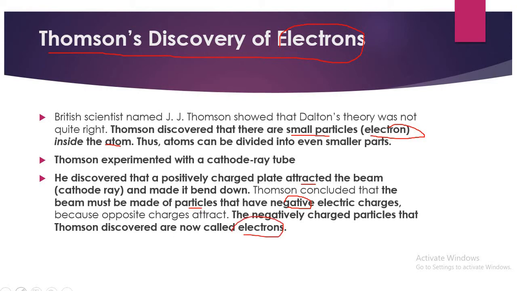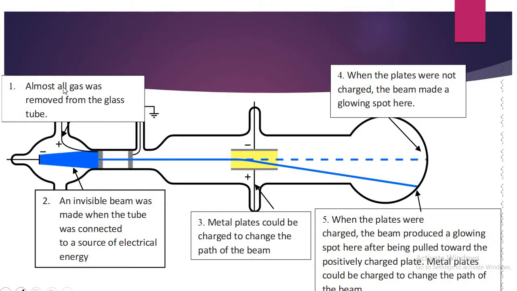Look at this experiment. Thomson got a cathode ray tube. This tube is a vacuum, so he pumped out all the air inside it.